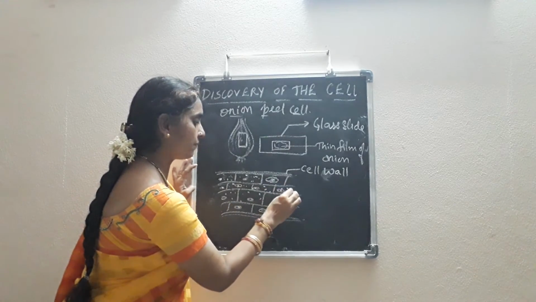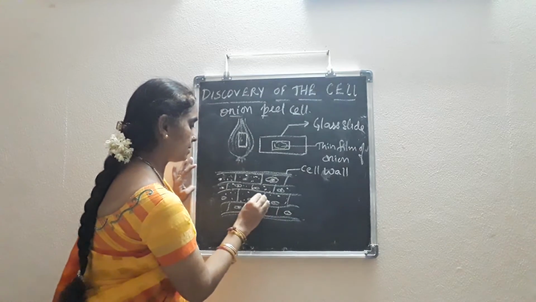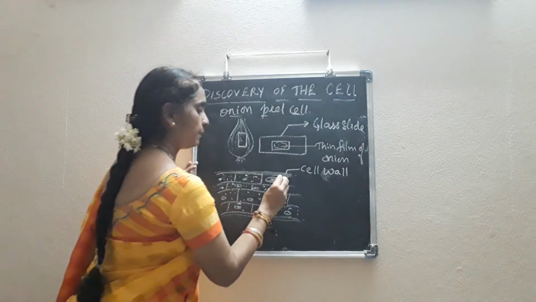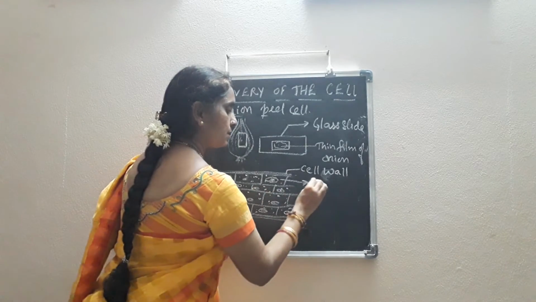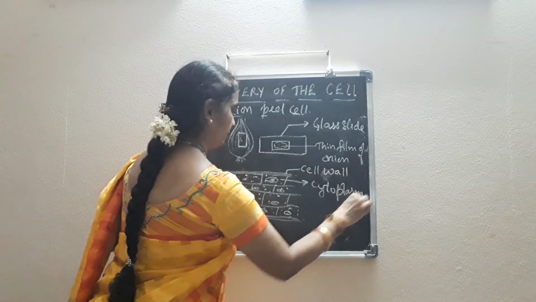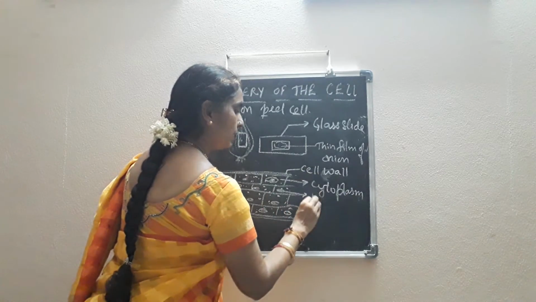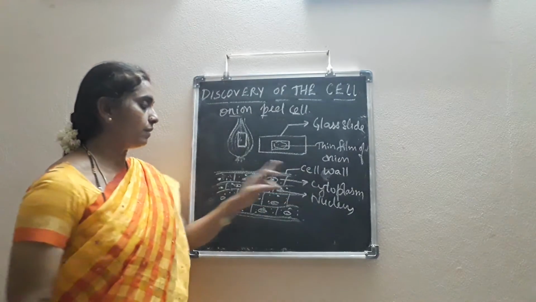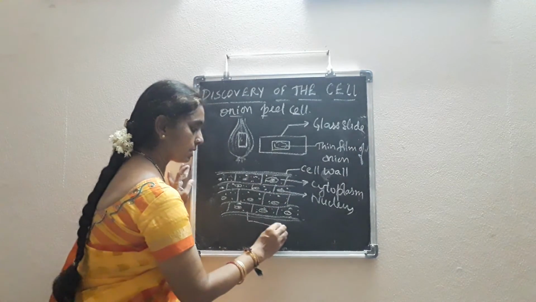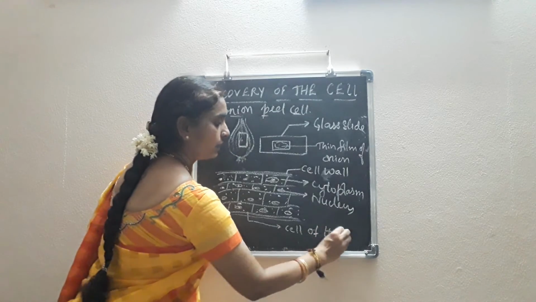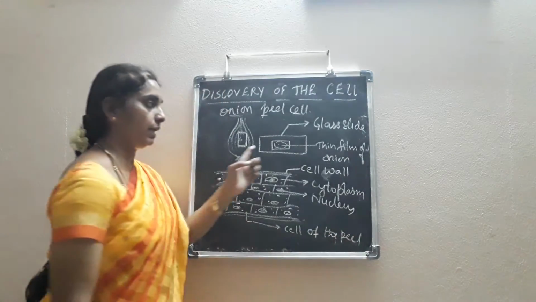These are the parts of the plant cell. Okay, this is cytoplasm. This is nucleus. This is a cell wall, and this is a cell of the peel that you have taken.